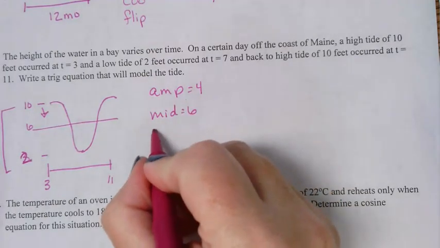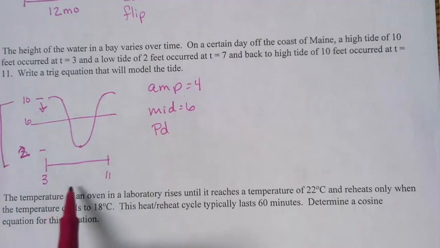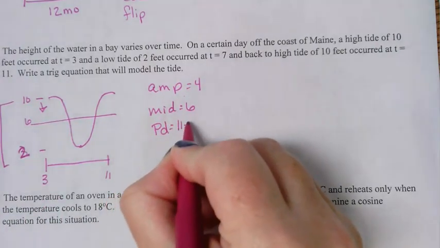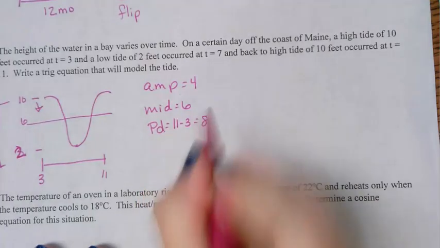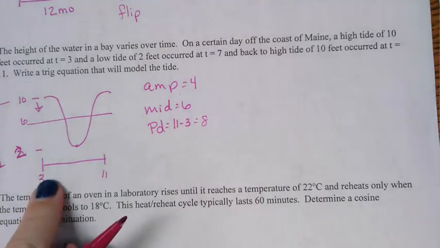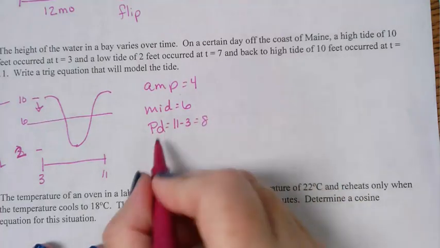Now our period, we didn't start here at 0. So what we're going to have to do is 11 minus 3, and we get 8. Okay, and this is all because we didn't start at 0. If we started at 0, we wouldn't have had that problem. And it's a cosine.